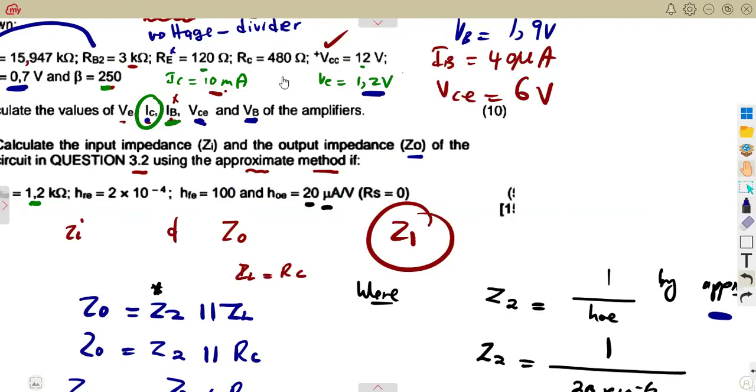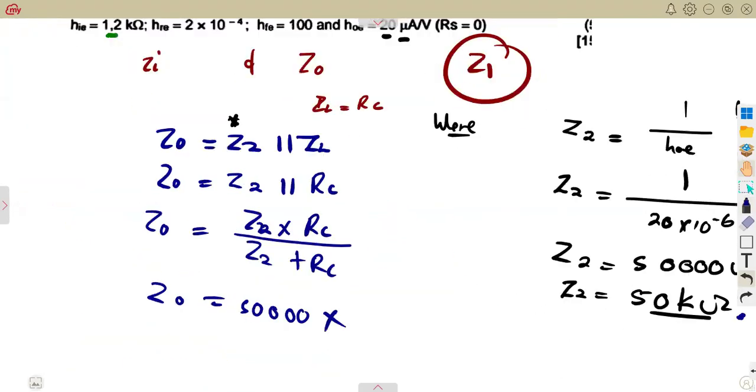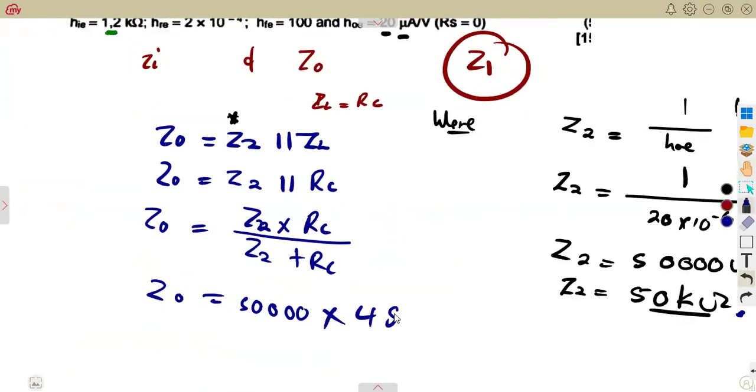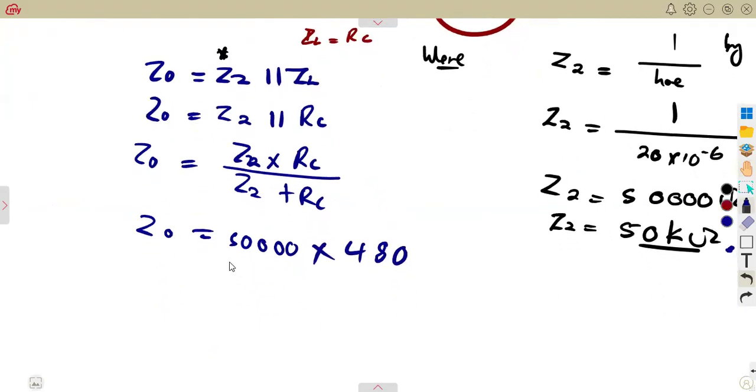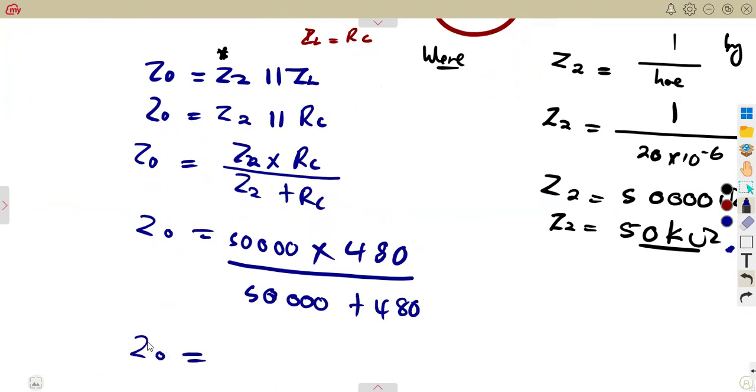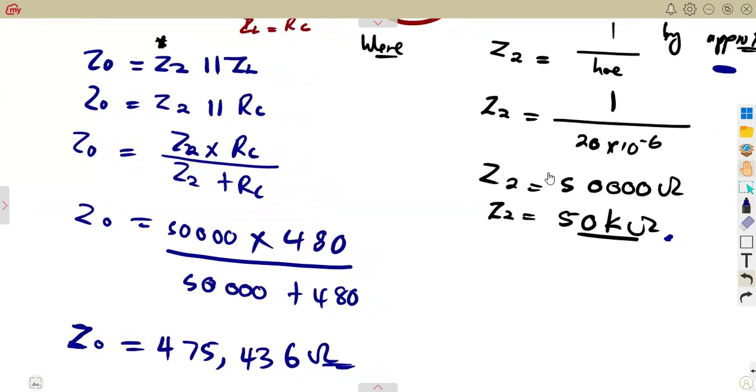Our RC, remember, is 480, as we are given, over the sum, 50,000 plus 480. This will give us the value of Z out, which is the output impedance. And that is going to give us 475,436 ohms as our output impedance.